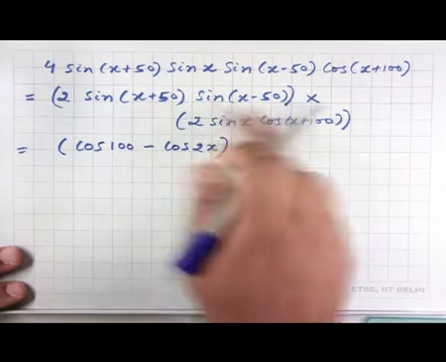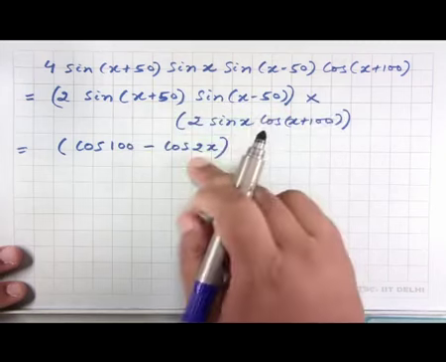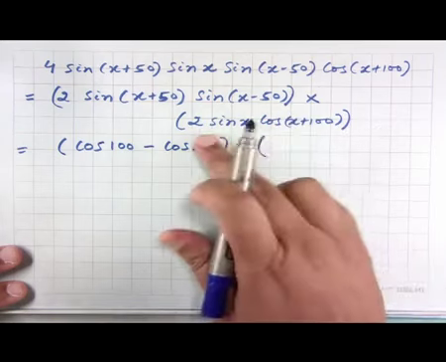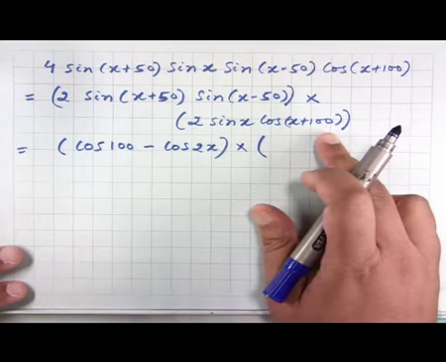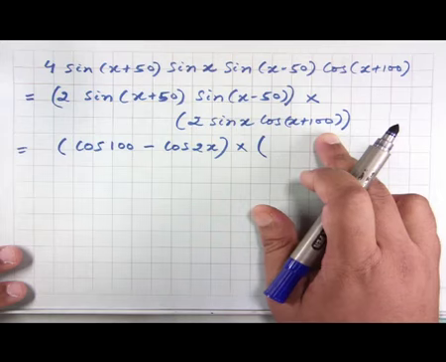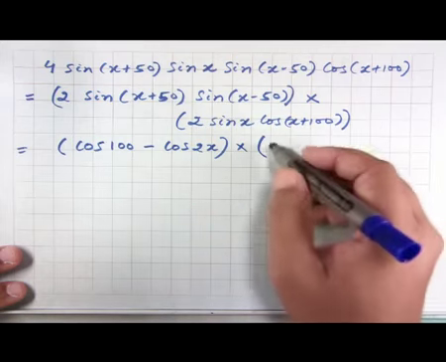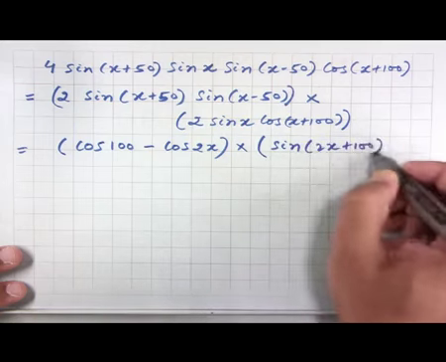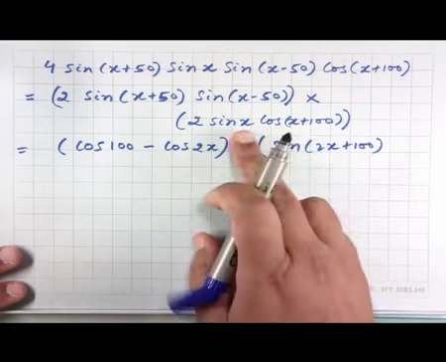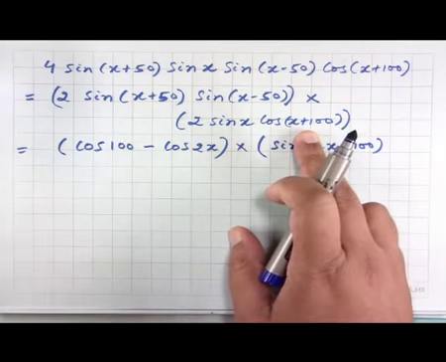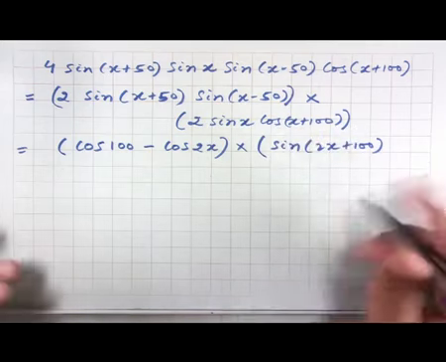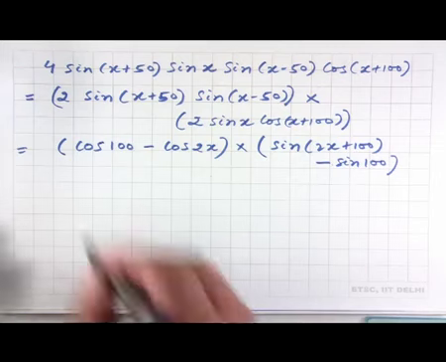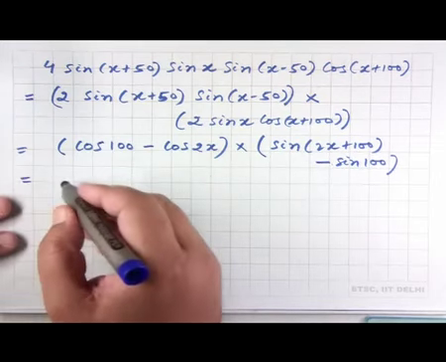So, this is A and this is B. So, A plus B is going to be 2x multiplied by 2 sin A cos B for this other term. 2 sin A cos B is sin A plus B plus sin A minus B. So, sin A plus B is going to give us sin of 2x plus 100, and sin of A minus B is going to give us sin of minus 100, which is minus of sin of 100. And then we again write up all the 4 terms that we get.